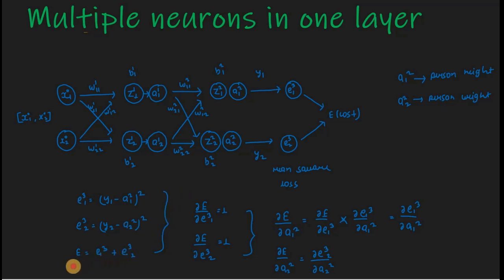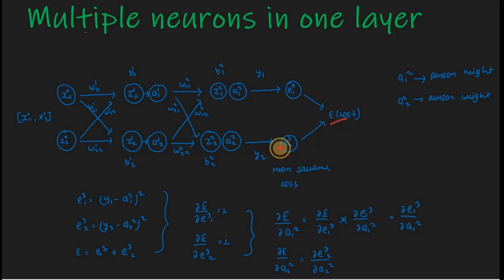Now the cost function will be the sum of these two errors. So I have written E equal to E13 plus E23, and from this equation you can see that the derivative of cost with respect to E13 is equal to 1, and similarly the derivative of cost with respect to E23 will also be equal to 1. Now let's calculate the derivative of our cost function with respect to A12 and A22.